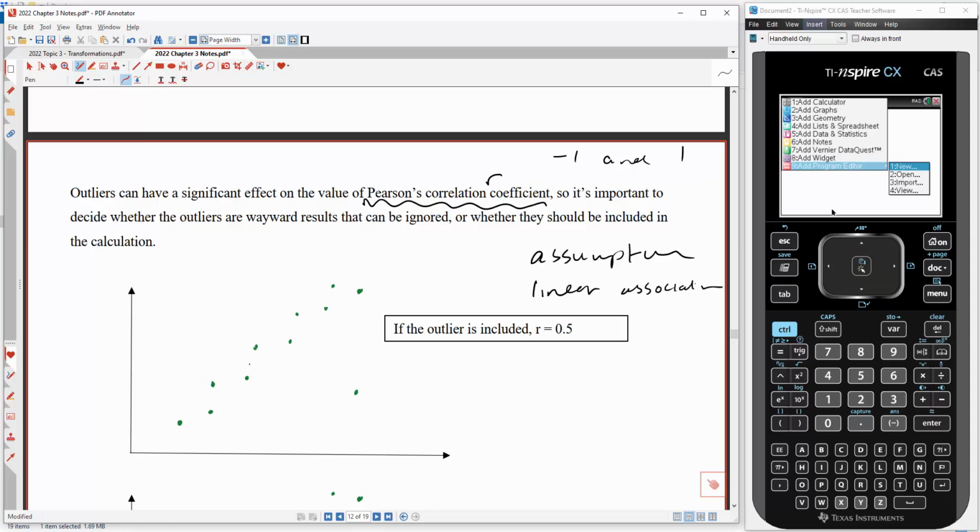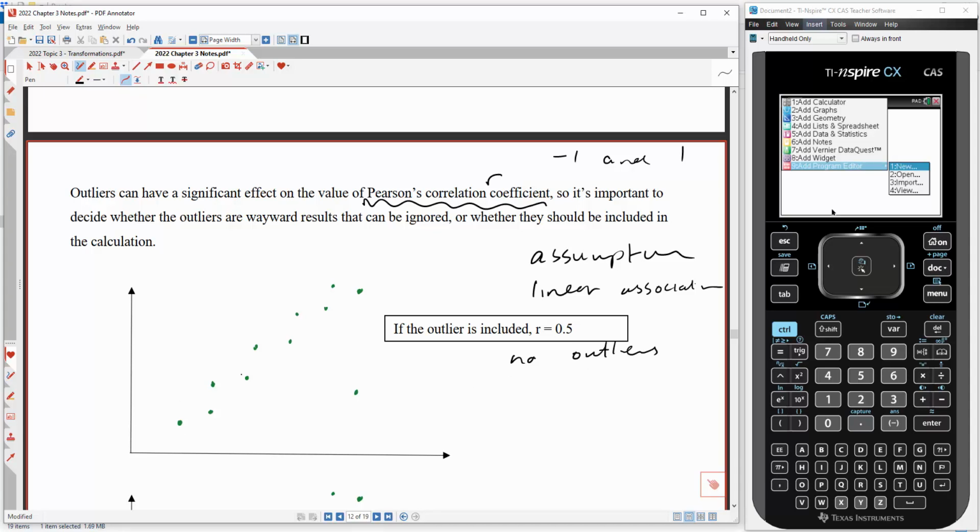So the dots need to form a rough straight line. Okay, now it doesn't have to be perfect, remember, it can be roughly straight. It also assumes no outliers, because outliers have a massive impact on the R value.